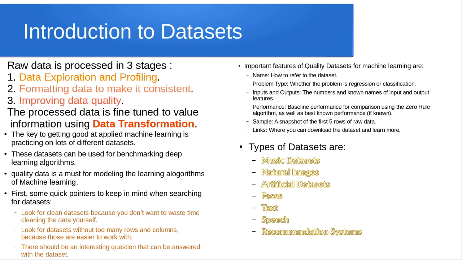Point number 2. Formatting data to make it consistent. The next step in great data preparation is to ensure your data is formatted in a way that best fits your machine learning model. If you're aggregating data from different sources, or if your dataset has been manually updated by more than one stakeholder, you will likely discover anomalies in how the data is formatted.